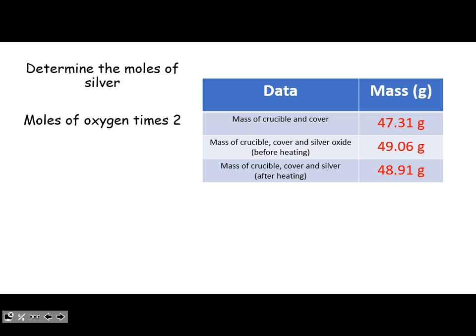My next calculation was to determine the moles of silver. And it's multiplying the moles of oxygen by 2. So 0.0094 moles of oxygen times 2. Now, why is this times 2? Well, if I go back and I remember, we're dealing with silver oxide, right?